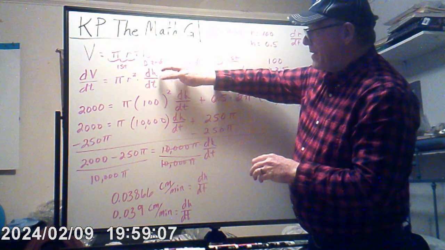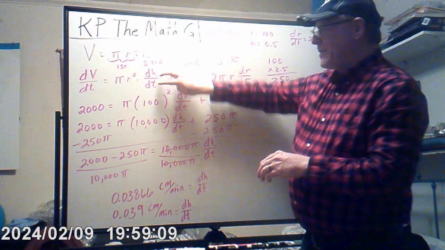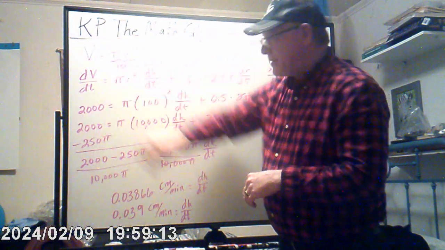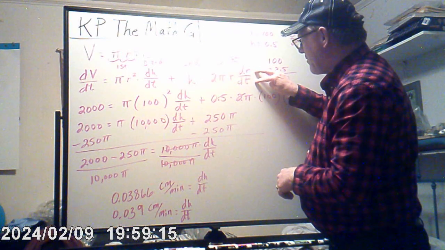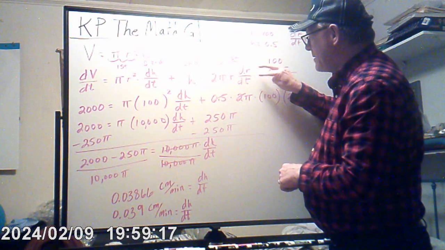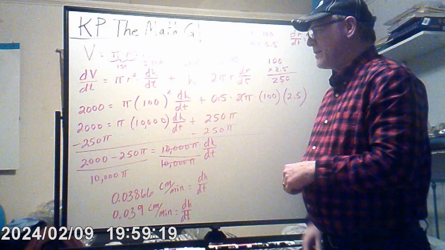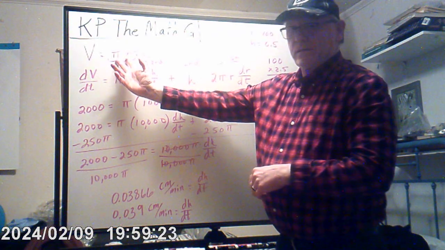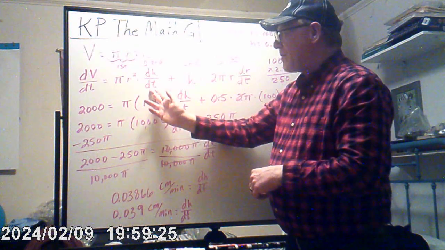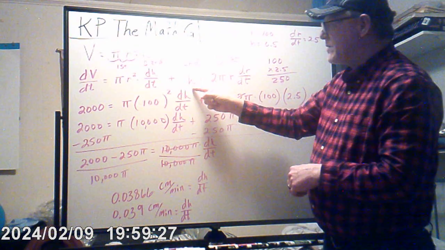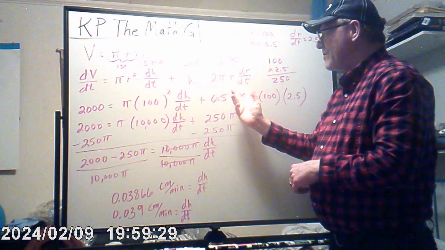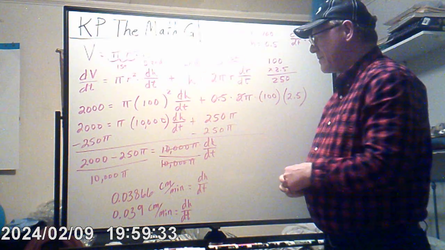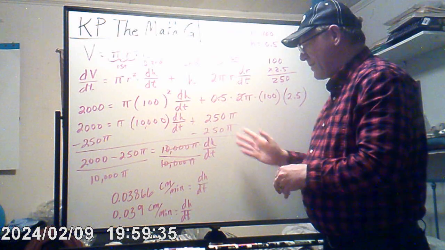When you take the derivative, take the derivative of h, dH over dt, of volume, dV over dt, and of radius, dr over dt. Take the first times the derivative of the second, plus the second times the derivative of the first. Plug the numbers in, and then simply solve.